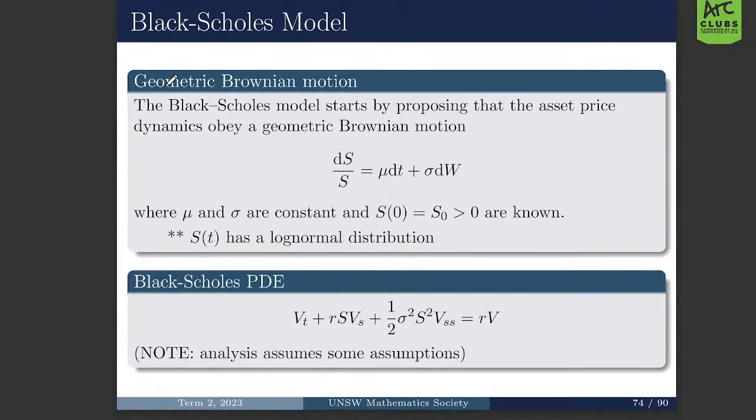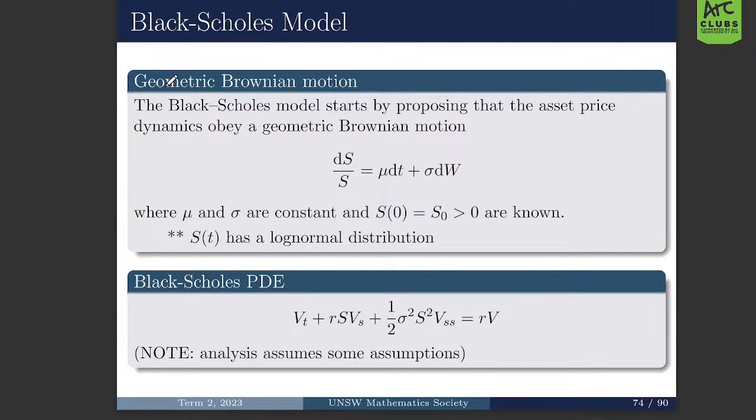Now the next bit, which is a pretty big topic in financial mathematics, or in a sense options and pricing, is the Black-Scholes principle. To start off with this, we have to introduce what is geometric Brownian motion.